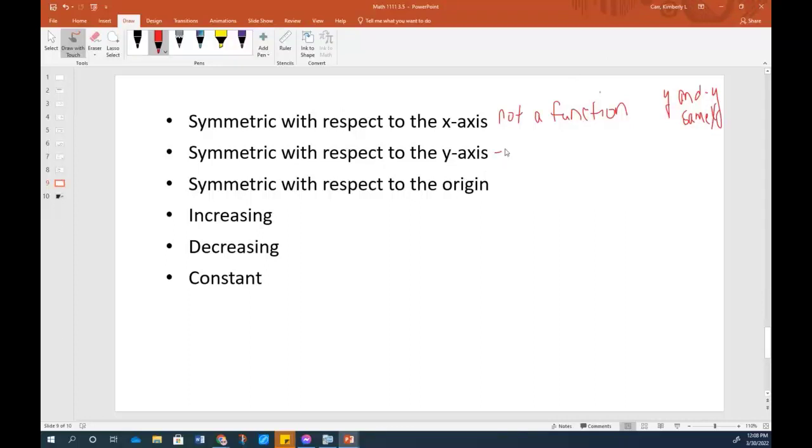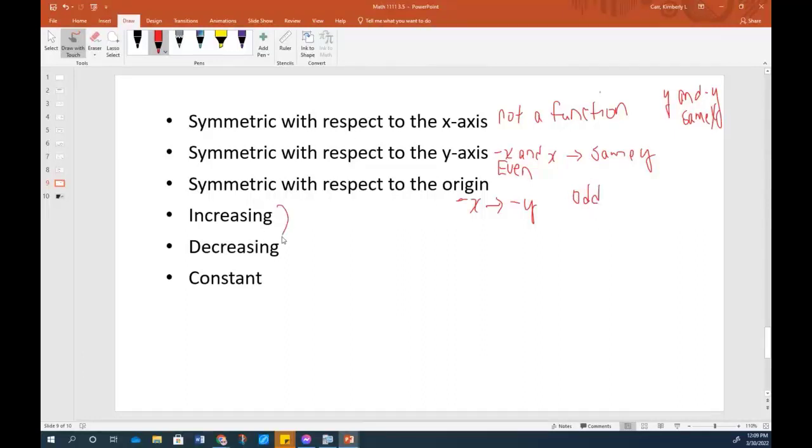Furthermore, if you plug in a negative x, it will give you the same y value. Those functions are even. If it is symmetric with respect to the origin, if you plug in a negative x, then you end up getting the opposite y. These are odd functions.